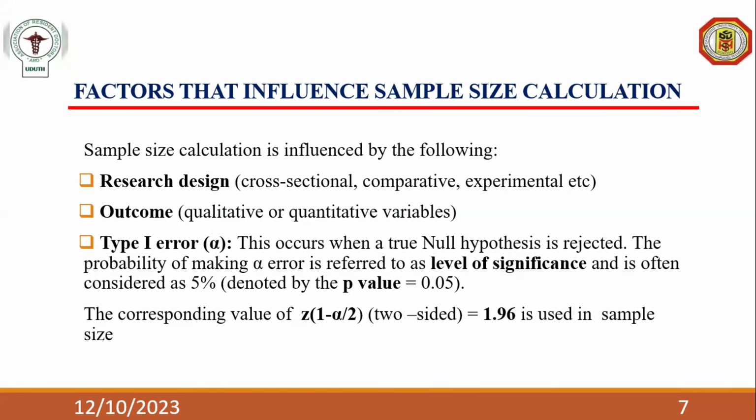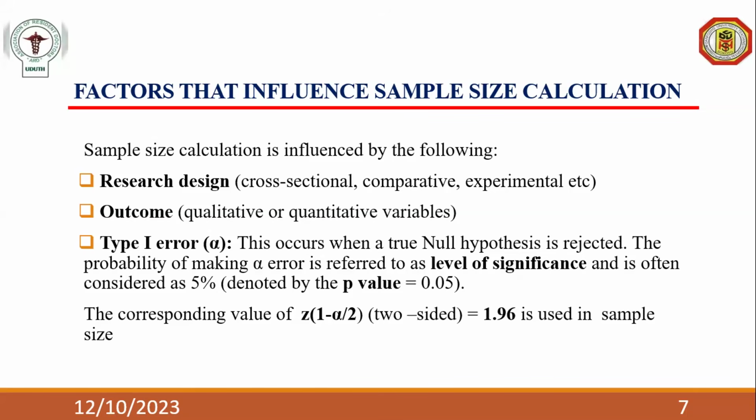If your level of significance is 10%, then your z will change from 1.96 to another value. If your level of significance is 0.01 or 1%, then your z value will also change from 1.96 to another value. So we are using 1.96 as our z value because our level of significance is 5%. That is 0.05.